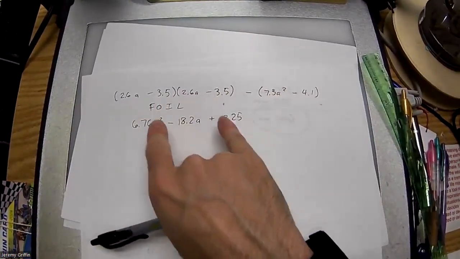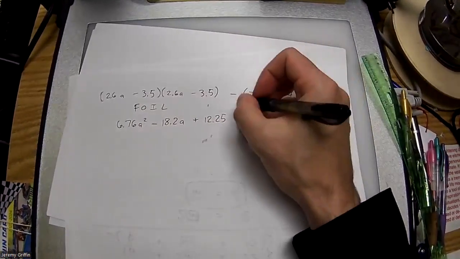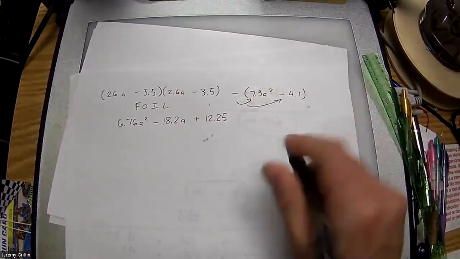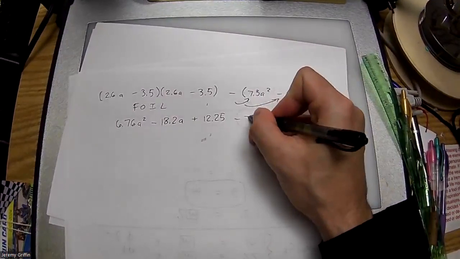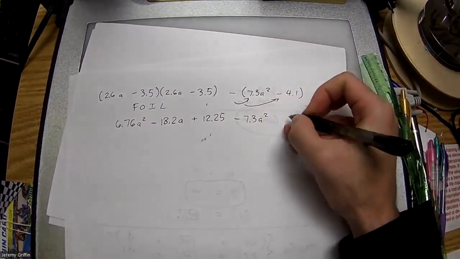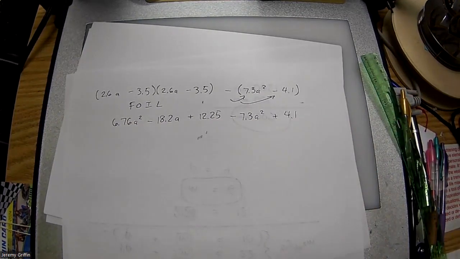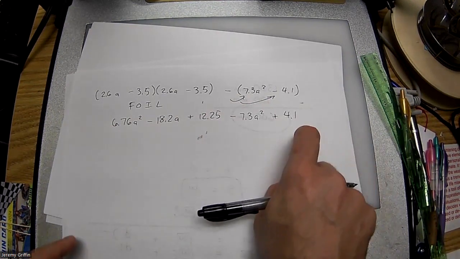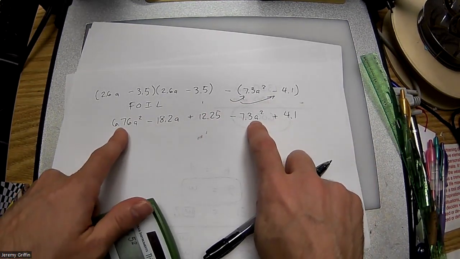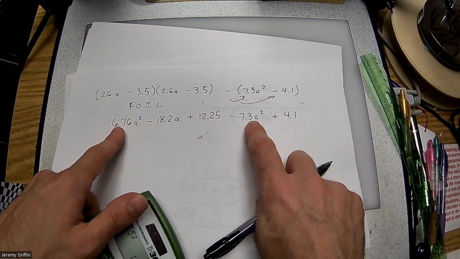I just foiled out that whole expression. Then minus, ooh, can I distribute that negative? So I'm subtracting 7.3a squared. Then I'm going to turn around and add 4.1. Distribution. Guys good? I have 1, 2, 3, 4, 5 terms, and some of these are like this a squared term. So let's put those together.